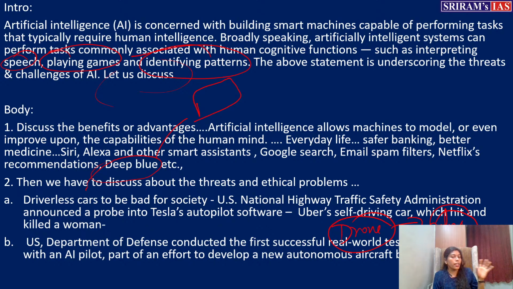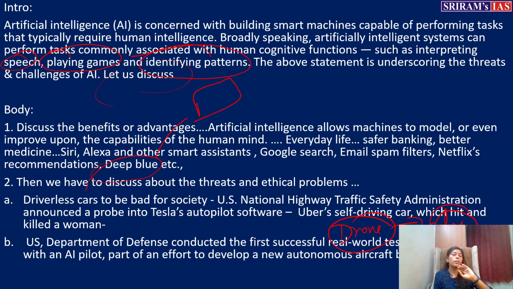For that, they brought a drone whose main aim is to target enemy flights, fighter jets. Now, this was put under trial, and the person who gave orders to the drone said to stop that order, stop the process of hitting the enemy target.